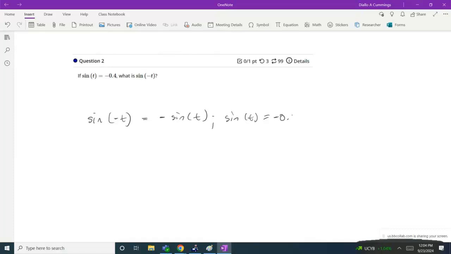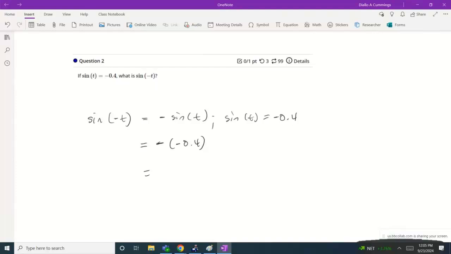Negative 0.4, right? They gave that to us in the problem. So in this formula, I'm just going to substitute the sine of t for negative 0.4. I'm going to bring down the negative, which is a part of my formula.